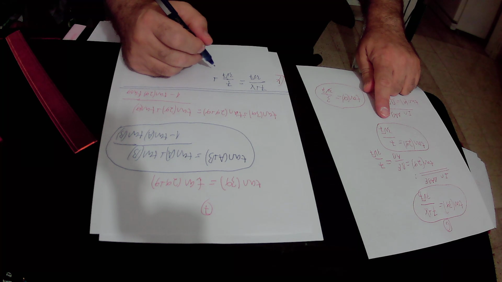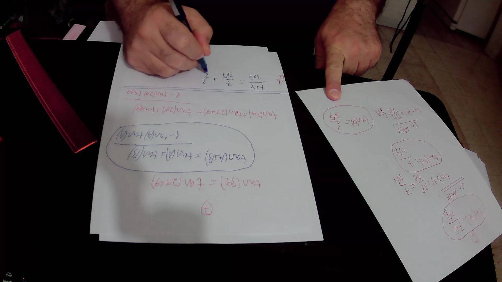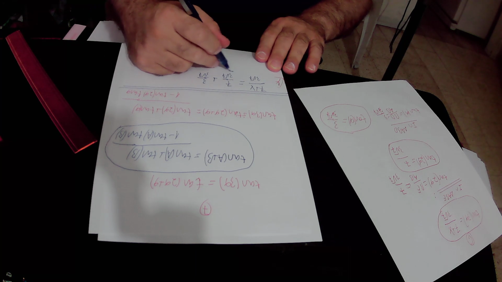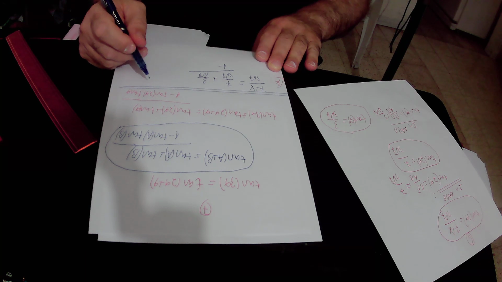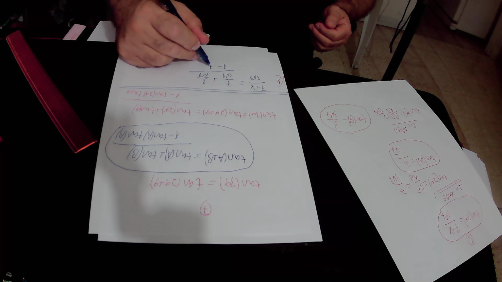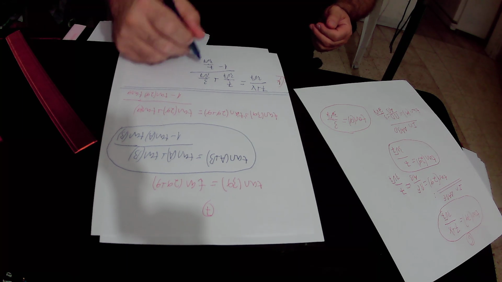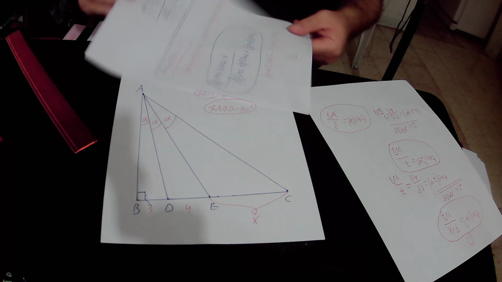Tangent alpha equals 3 over 3 times root 7, all divided by 1 minus tangent 2 alpha times tangent alpha. Tangent 2 alpha equals 7 over 3 times root 7, and tangent alpha equals 3 over 3 times root 7. So in total we got this equality.